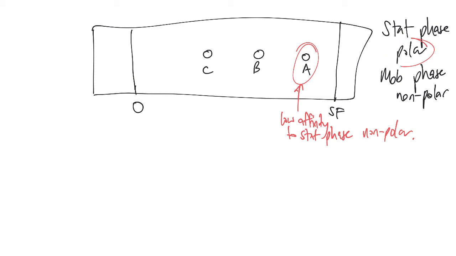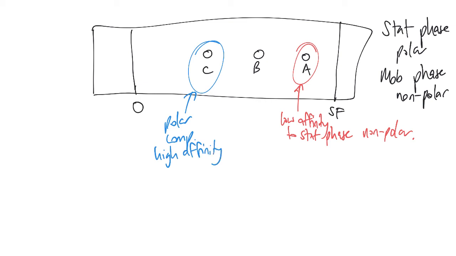However, this component C here took a long time to go through because it hasn't gone through as far. It keeps on getting stuck, which means that it is likely to be a polar component because it's going to be stuck so often, and so therefore it's going to have a high affinity to stat phase.